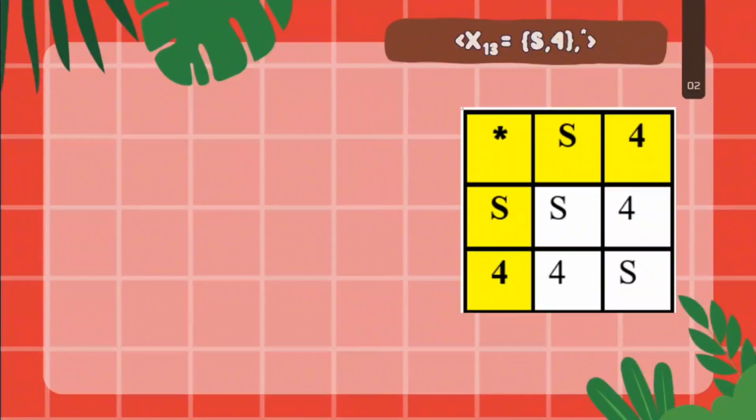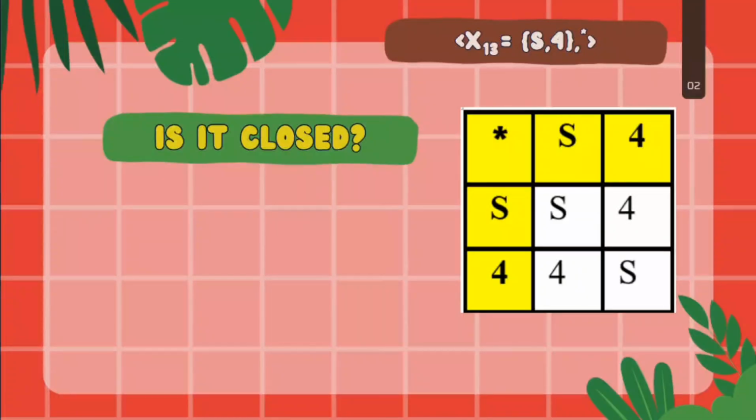Now, we have here the x sub 13. Is it closed? The answer is yes, since as you can see, all of the possible combinations that we have in the table are still in the set. In short, our table is closed.